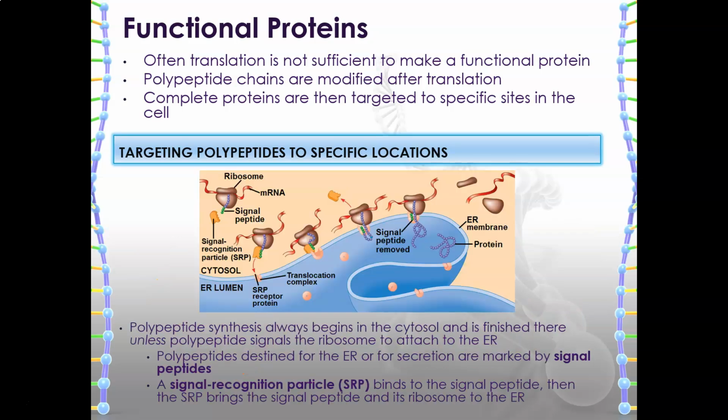Because polypeptide synthesis is almost always going to start in the cytosol, the question is then where does it get finished? Unless those polypeptides contain signals to those ribosomes to attach themselves to the ER, they'll finish their synthesis in the cytoplasm and probably be proteins that remain in the cell.